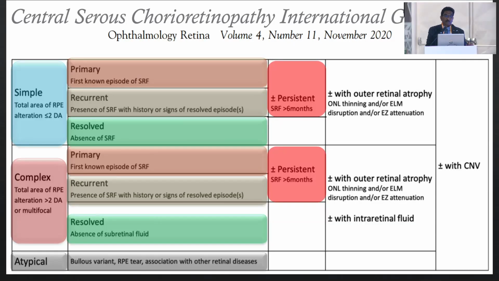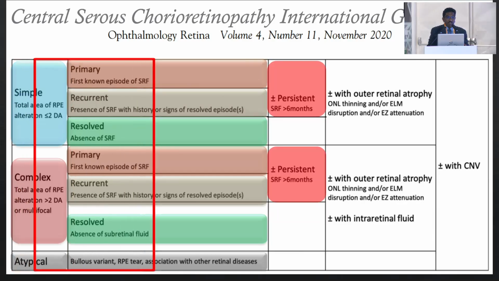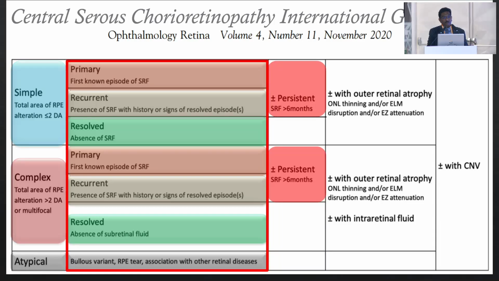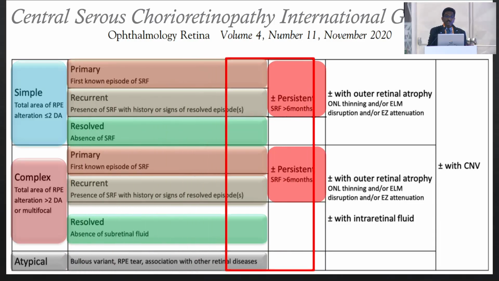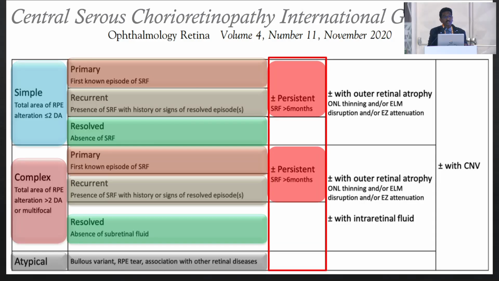So now they have classified CSR as simple, complex, and atypical. And again, from there, it is subclassified as primary, recurrent, and resolved. And anything where the SRF is persisting more than 6 months is now called persistent.